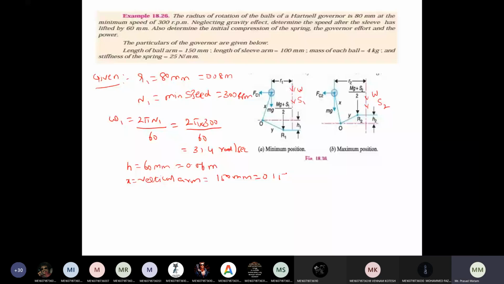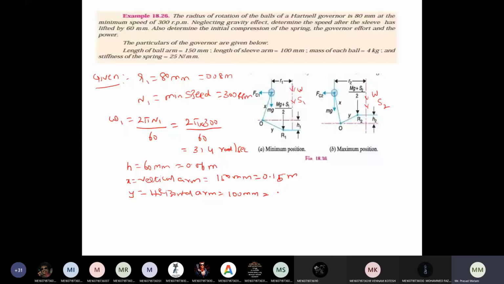Similarly, Y is the horizontal arm, which is equal to 100 mm, that is 0.1 meter.